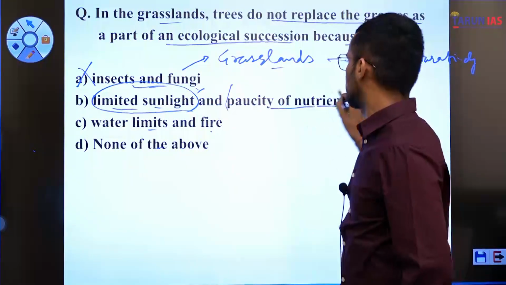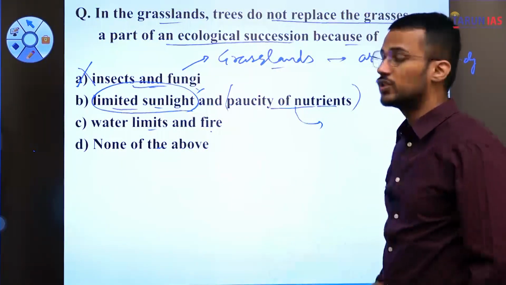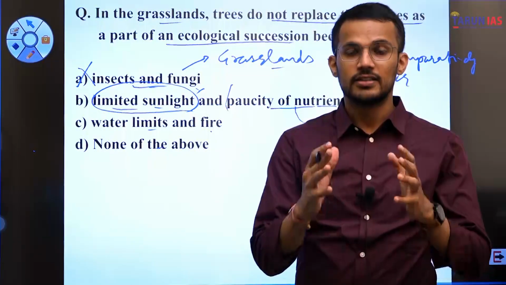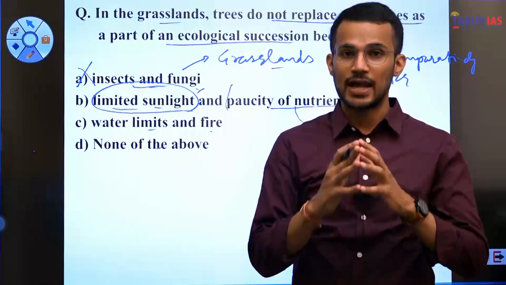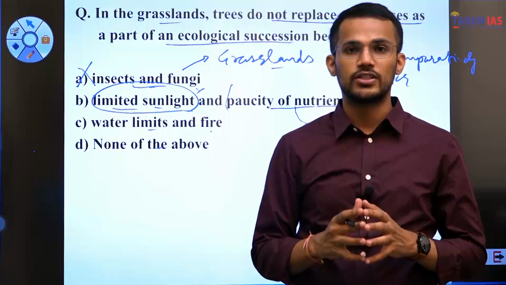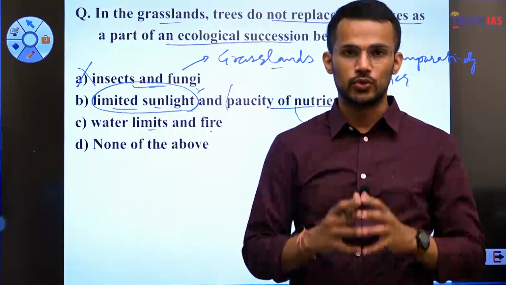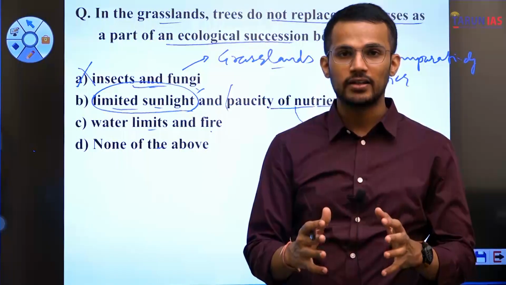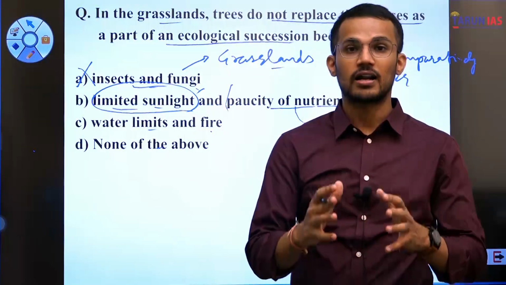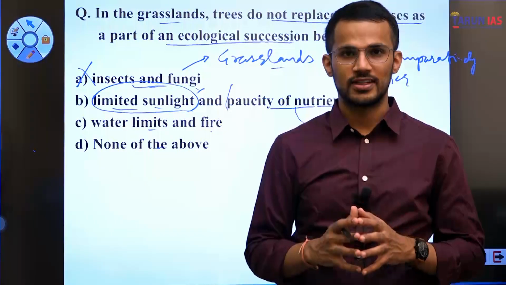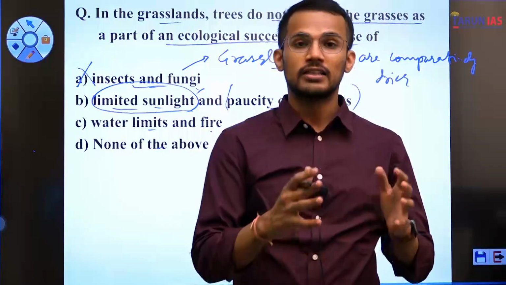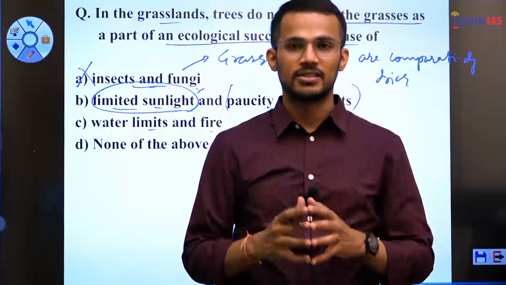The second part of this statement is about paucity of nutrients. But this is not correct at all, because soil in grassland locations is rich in nutrients, and that's why grasses in grasslands are highly nutritious. These areas are popular for the cattle rearing business.